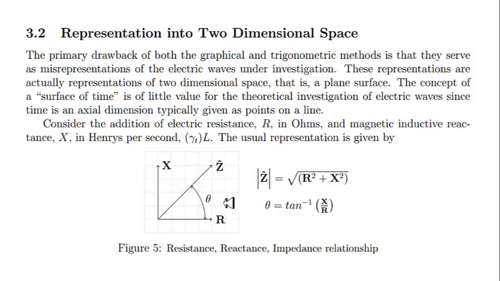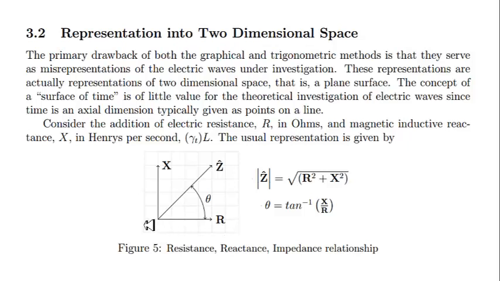So you plug these into the equation, you get the answer you want, but these representations are misrepresentations. Sorry, these representations are representations of two-dimensional space, that is a plane or a surface. So this is representing a plane or a surface, but not the real electrical phenomenon. Okay, so in this situation here, we've got the resistance on the real axis.